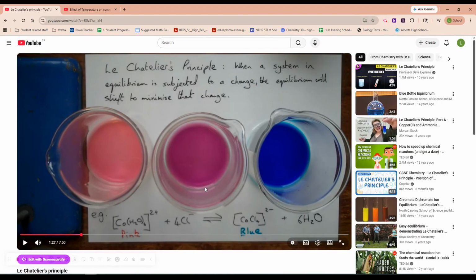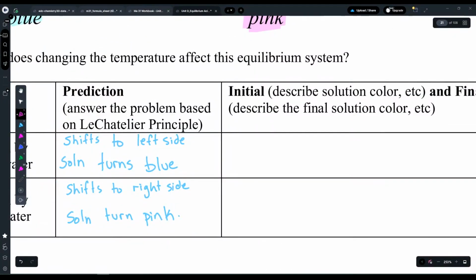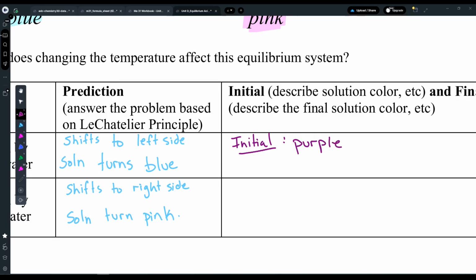As you can see with what he just said, our initial observation of this center solution, which is showing our system at equilibrium, is that the solution is purple. And we're going to write this for everything here.